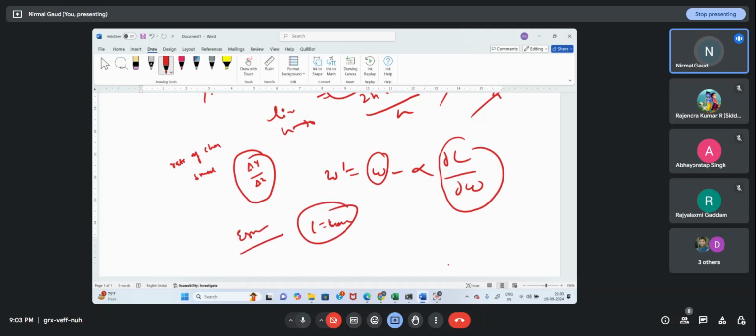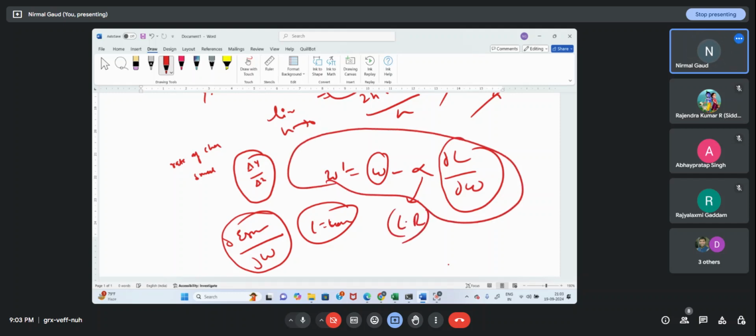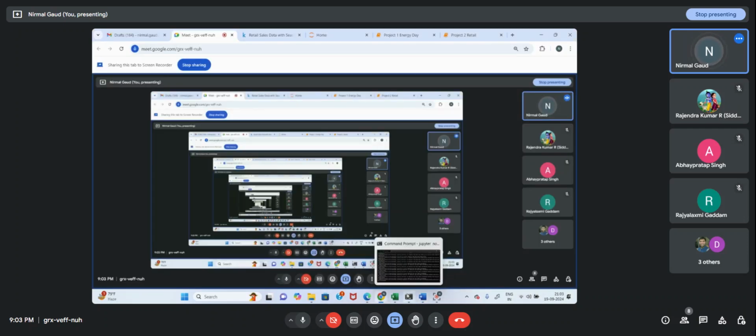We are differentiating error with respect to the weight of the neuron in order to reduce it, multiplying by the learning rate. This is LR, learning rate. This is a generalized equation in neural networks for optimization. Very important, and we are going to use it.